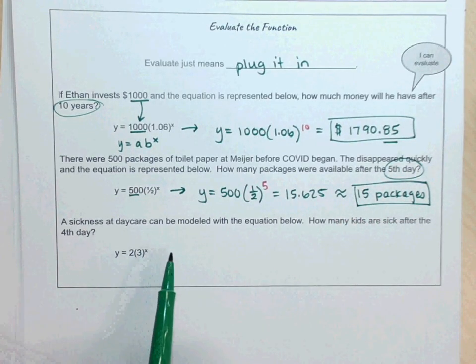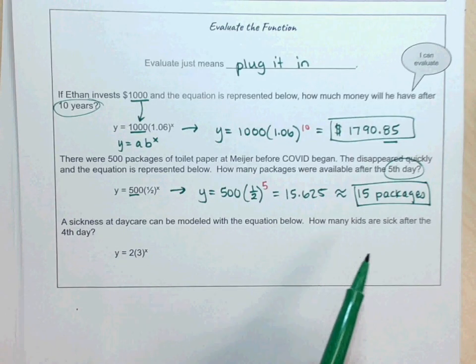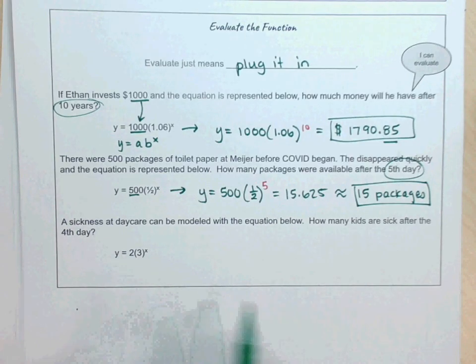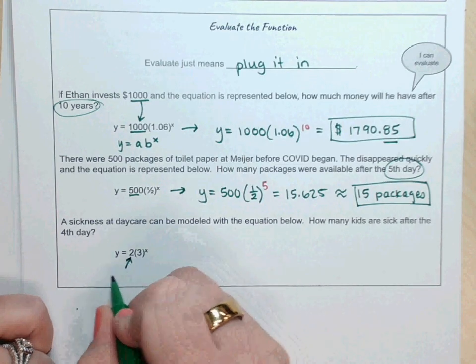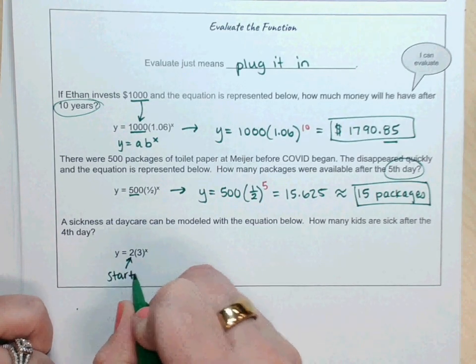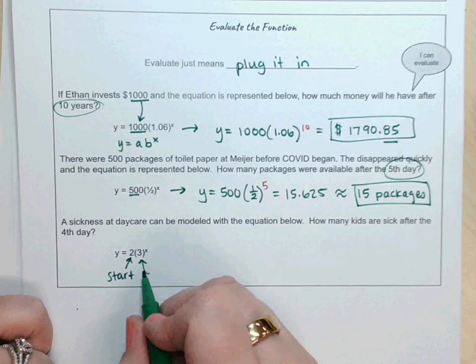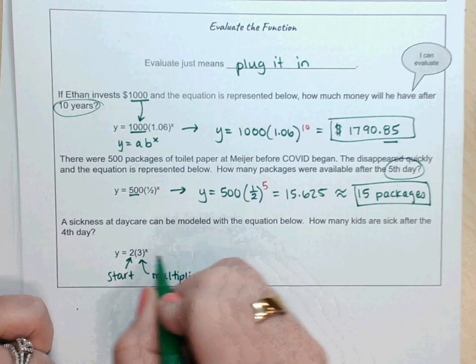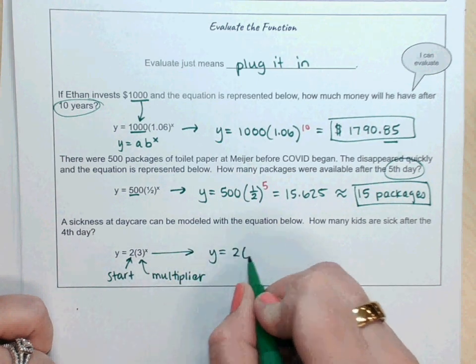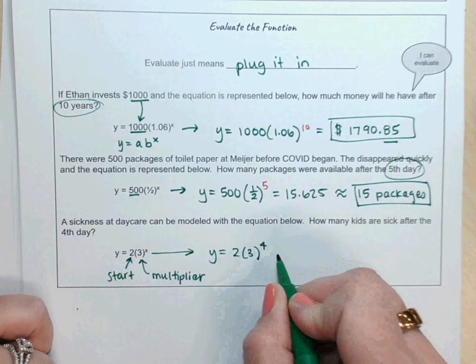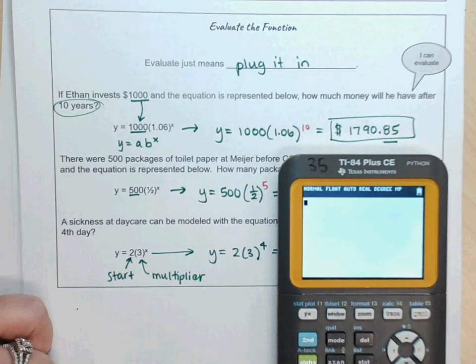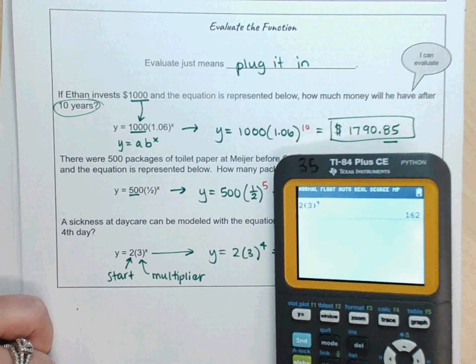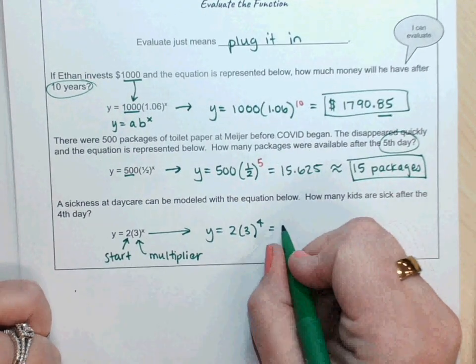A sickness at daycare can be modeled with the equation below. How many kids are sick after the 4th day? So first, 2 kids are sick to start. Then every day it grows by a factor of 3. 2 times 3 to the 4th power. 162, that's a huge amount.